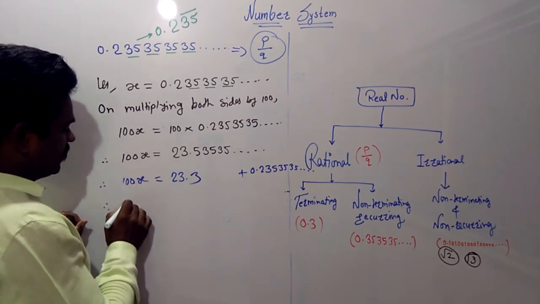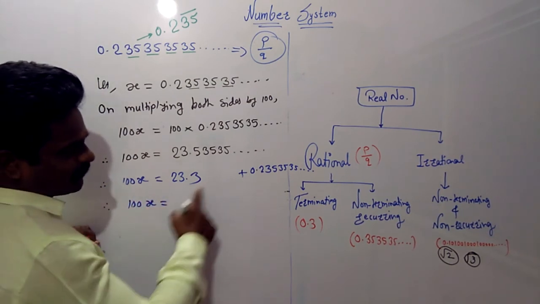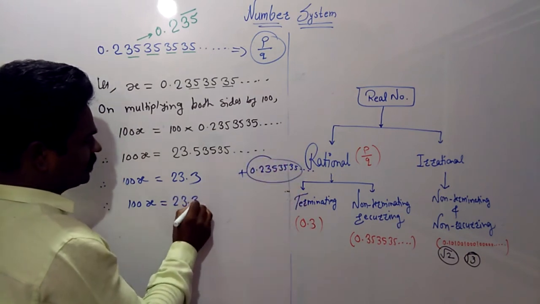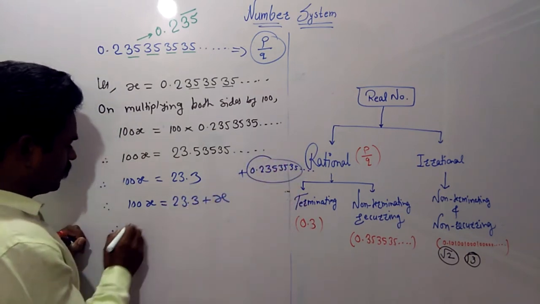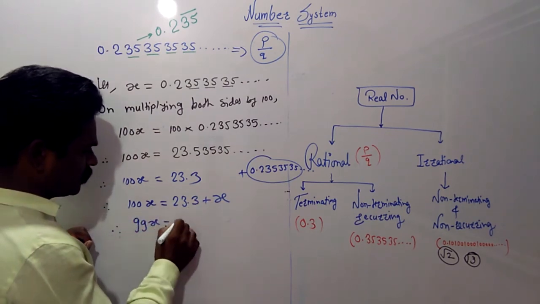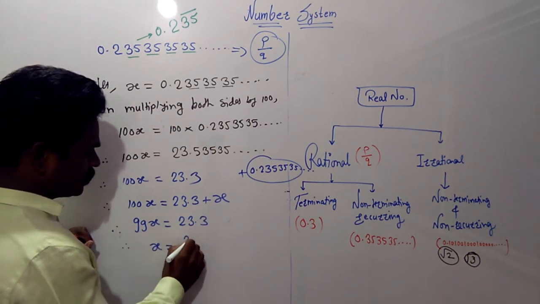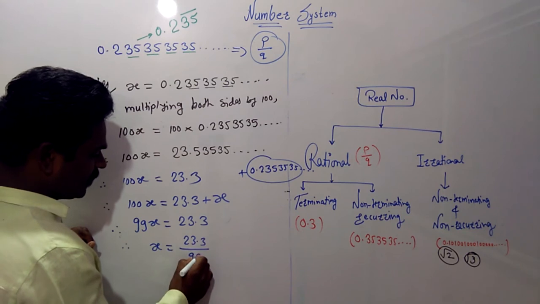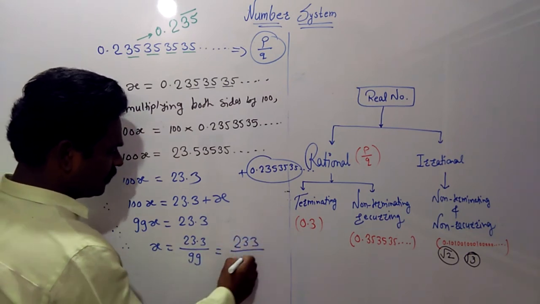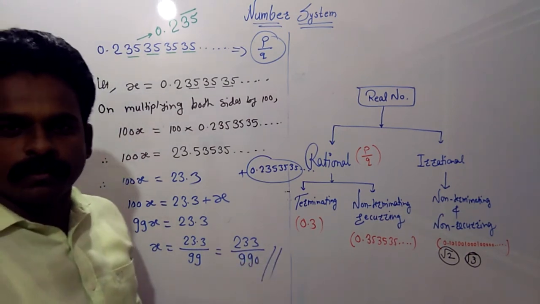Therefore we will write here 100x is equal to 23.3 plus x. If you transfer x to this side, it will become 99x is equal to 23.3, therefore x is equal to 23.3 divided by 99, and the same number can be written as 233 divided by 990, and that will be your answer. Finish, no problem.